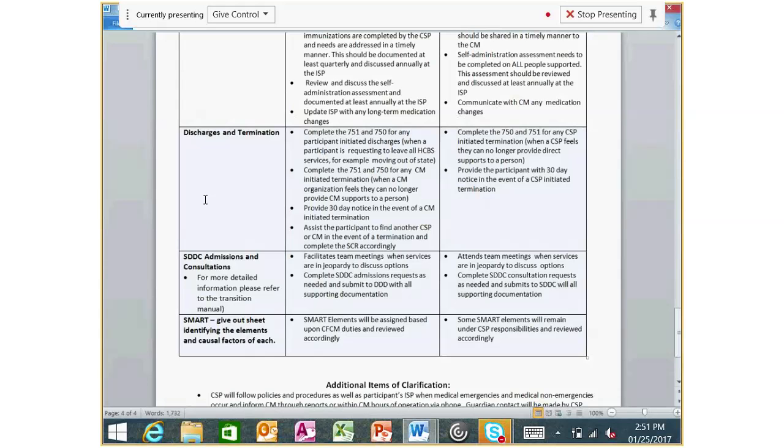So when a CSP feels that they can no longer provide those direct supports to a person, then they would submit the notice and summary to the division, also providing the participant with that 30-day notice in the event that a CSP is terminating services. So the 30 days applies always in that CSP-initiated termination, but the CSP is only submitting those forms to the division in the event of a CSP-initiated termination.